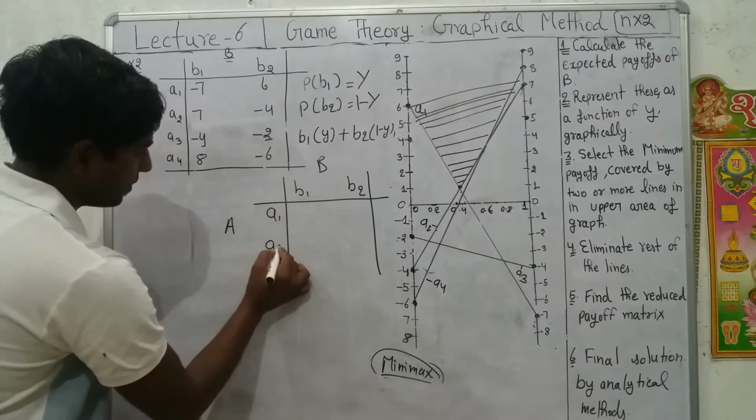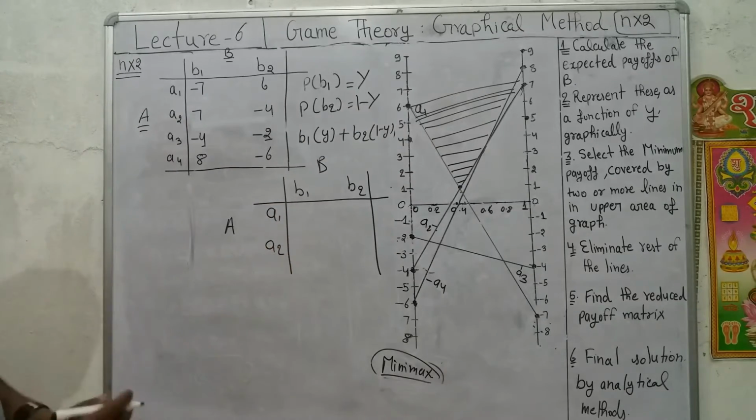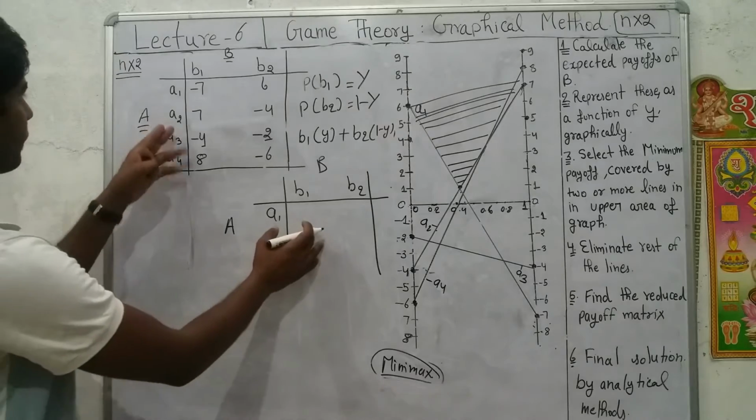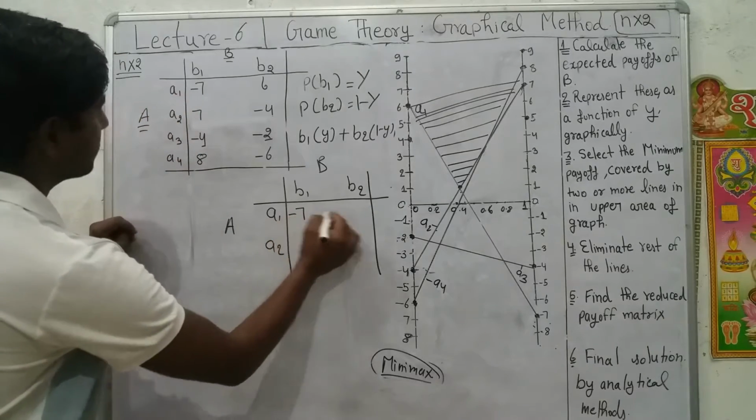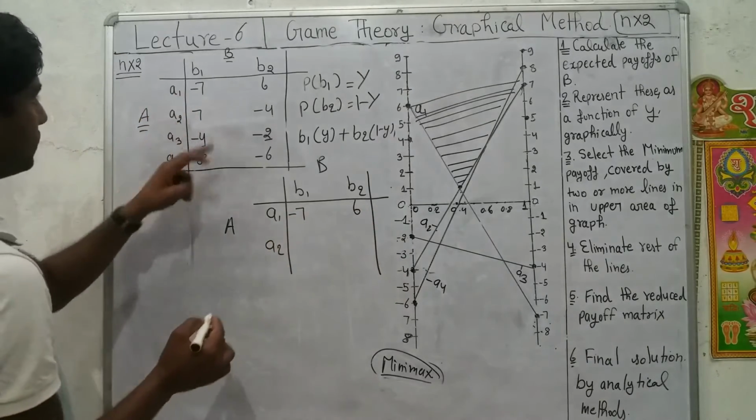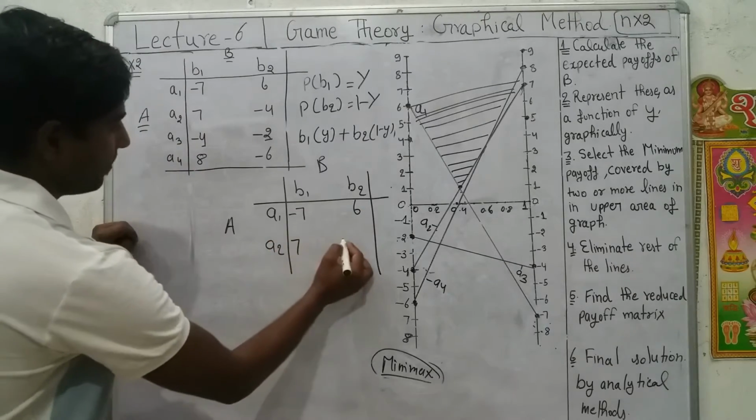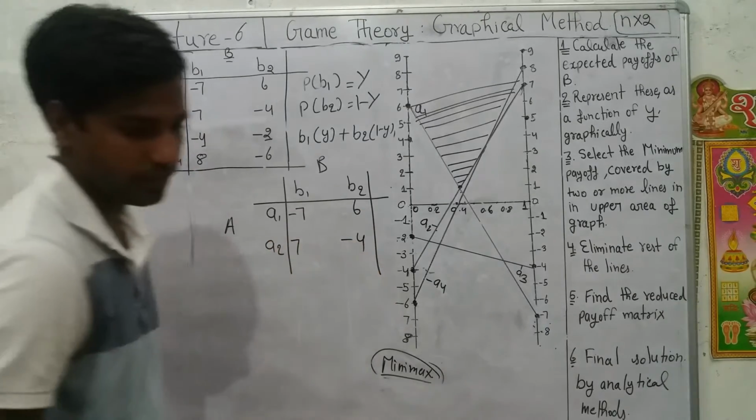The respective payoffs would be: for A1, minus 7 and 6, and for A2, it is 7 and minus 4.